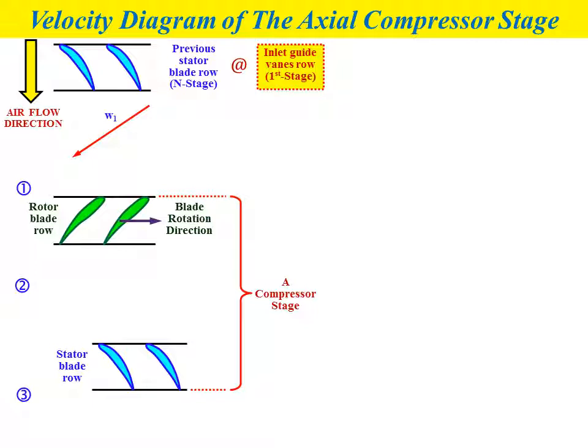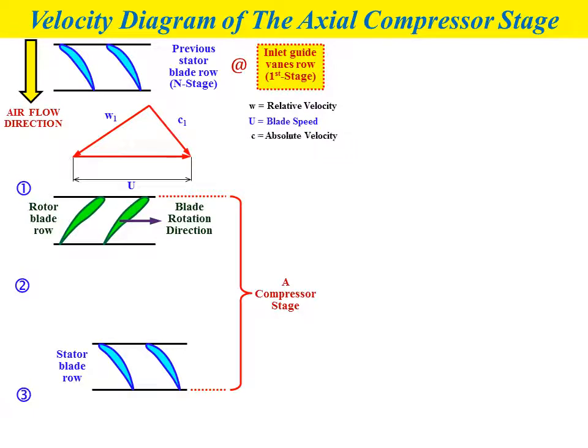In terms of the velocity diagram for the outlet of the previous stator blade row or inlet guide vane rows, or the inlet for the rotor blade rows, we need to apply the vector principle, where we have relative velocity W1 plus blade speed U. We get the resultant vector C1, the absolute velocity.